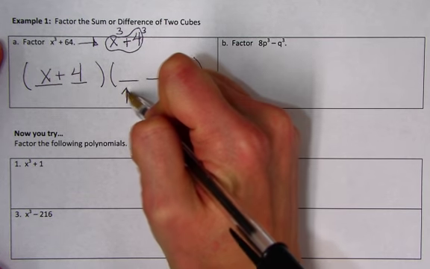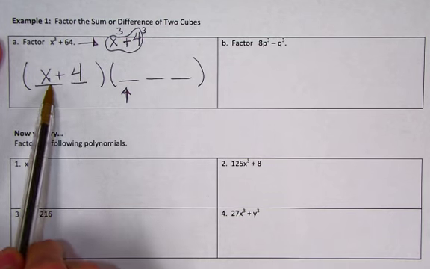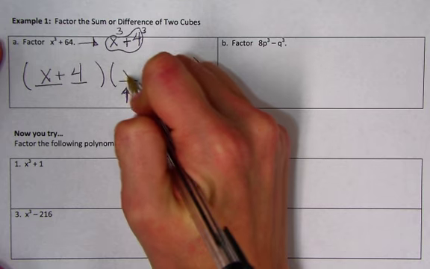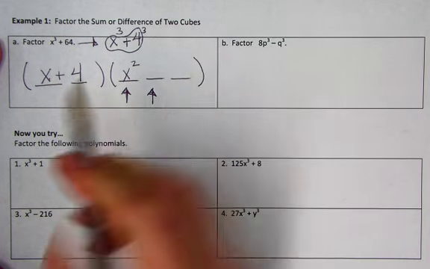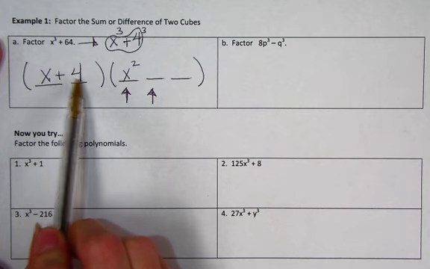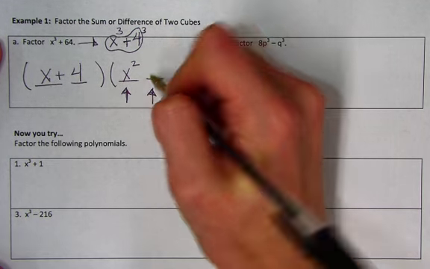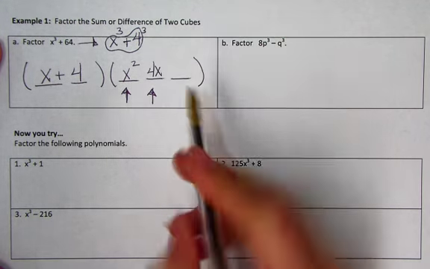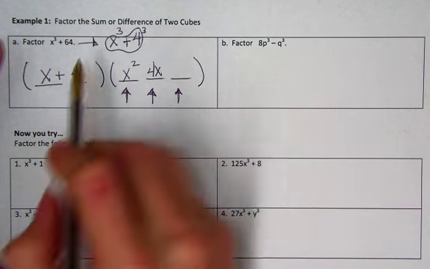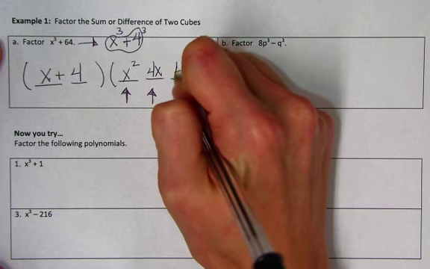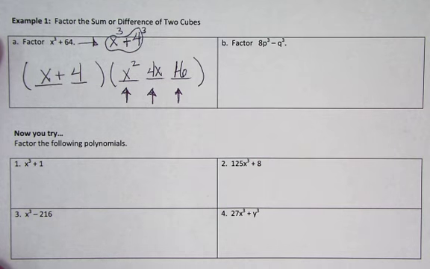My first dash in the second group is my first dash squared, which is x, so I square my x. My middle dash is just the product of my 2 dashes from my first grouping: 4 times x gives me 4x. And my last dash is going to be 4 squared, which is 16.